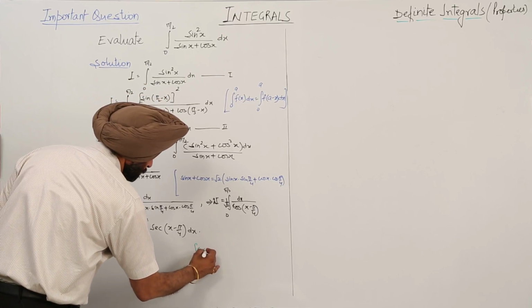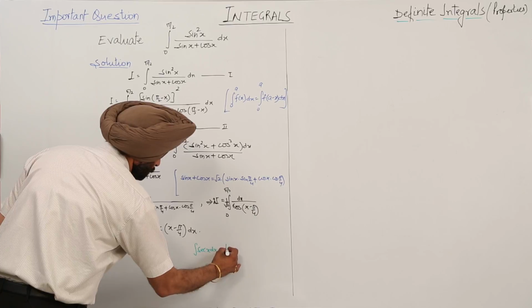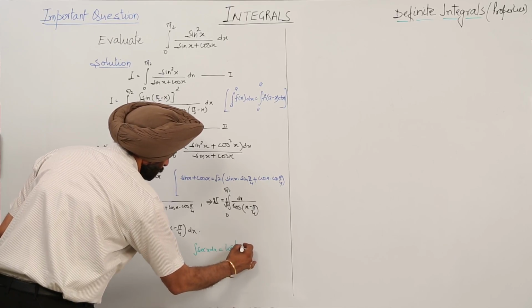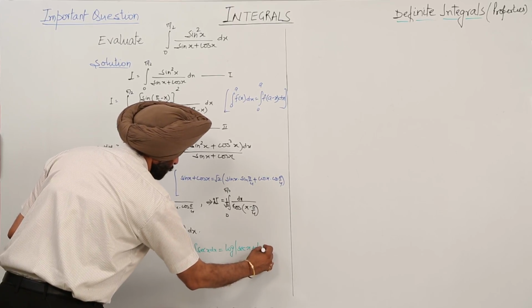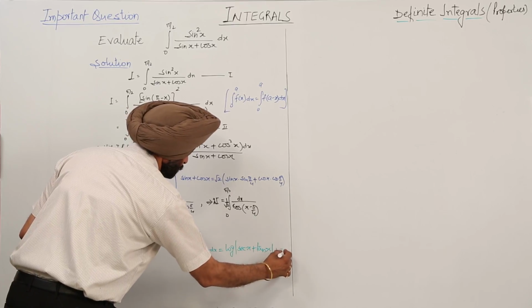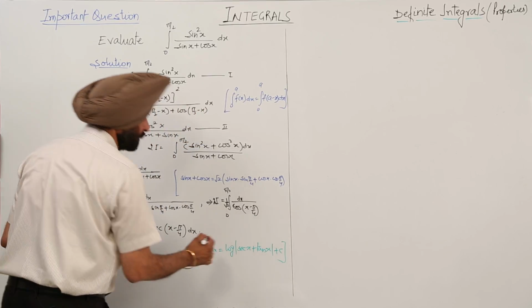Now we have to integrate secant. Integration of secant x dx is equal to log mod of secant x plus tan x plus c. So now we are going to use this formula.